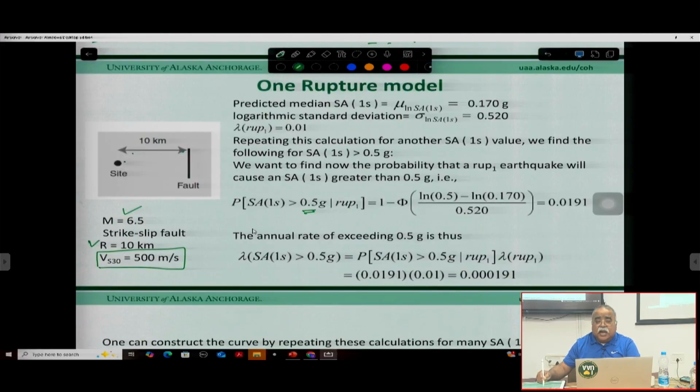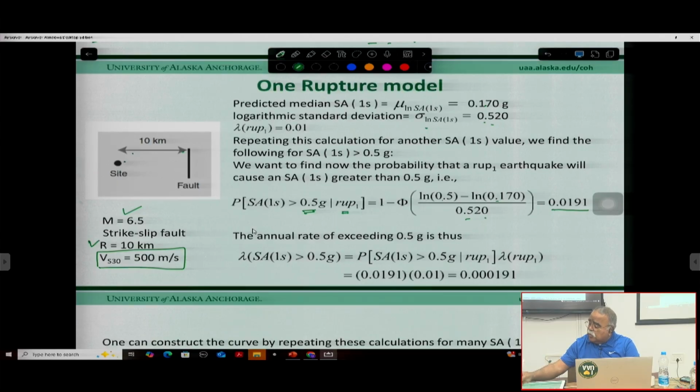Say, PSA at 1 second exceeding 0.5 g with rupture 1, right? So that means 1 minus phi of ln 0.5 minus the same value ln 0.170, with sigma ln equal to 0.520, divided, and this gives 0.0191, right?